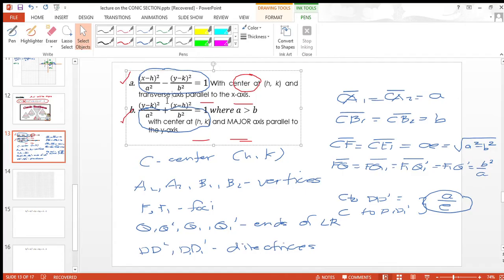Okay? So if h and k are 0, the transverse axis will be on OX. The conjugate axis will be on OY. While if the center is at (h, k), the transverse axis will be parallel to the x-axis, while the conjugate axis is parallel to the y-axis.